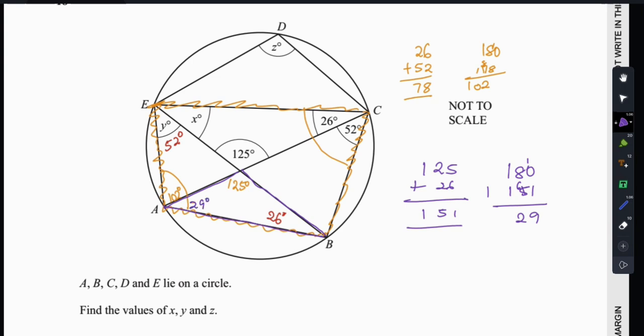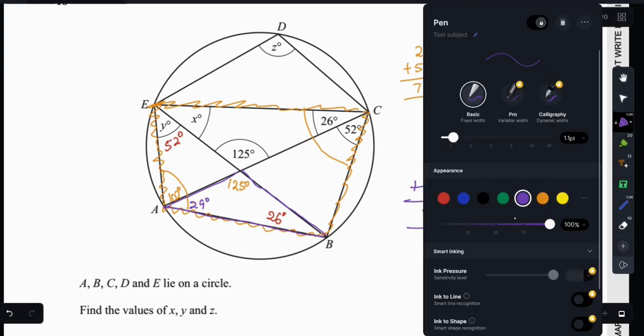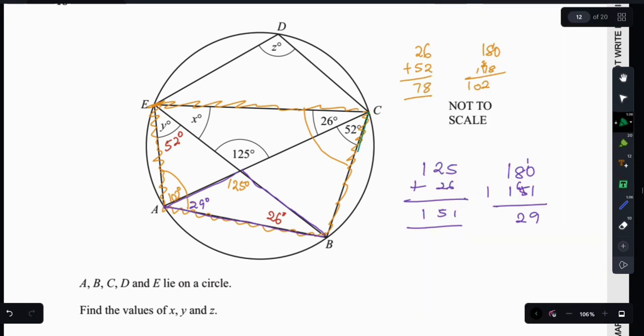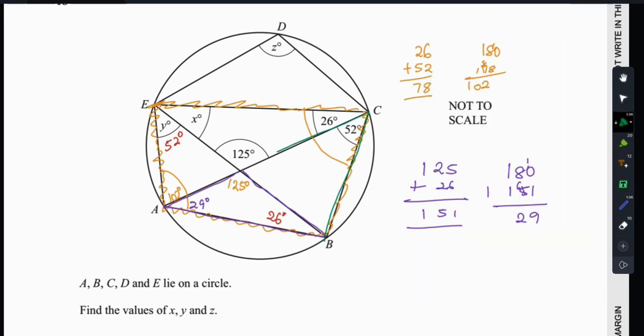Now once we have found 29 degrees here, we can see BC is actually a chord that is carrying an angle at the circumference. If you see this chord, it carries this angle here at the circumference, and also carries that one there at the circumference. So that angle as well is 29 degrees. What can we find now? I think we can find this one.